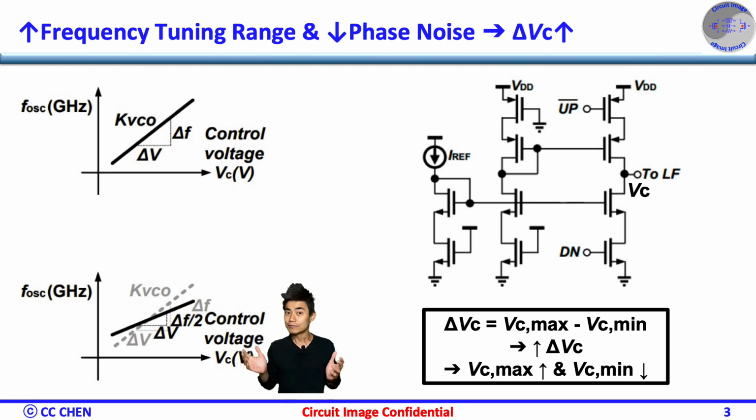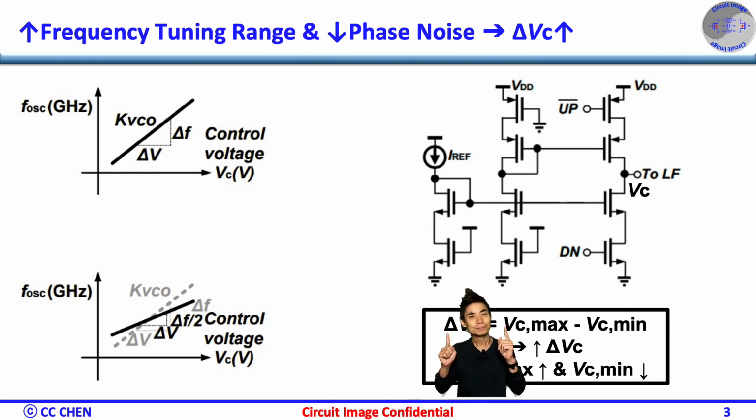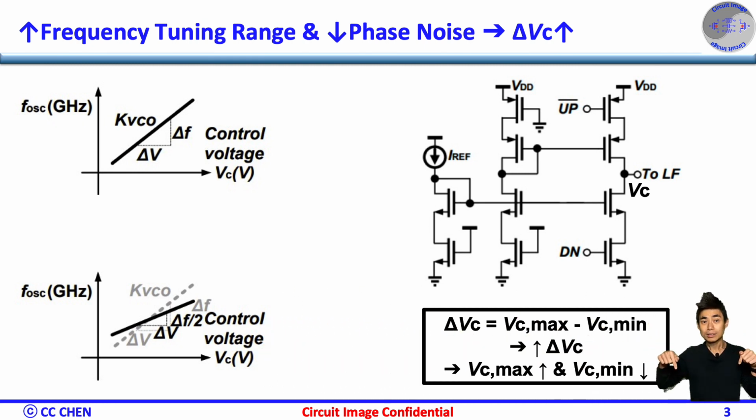We may want the VCO's input swing as big as possible, which will reduce the headroom of the charge pump. Especially, the supply is reduced a lot in the advanced technology.